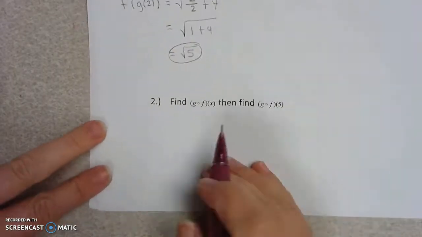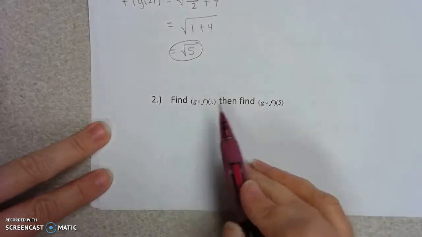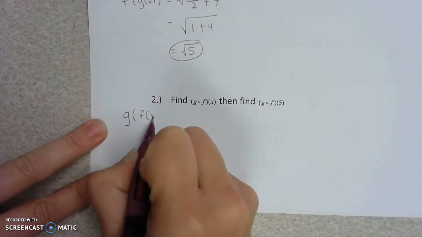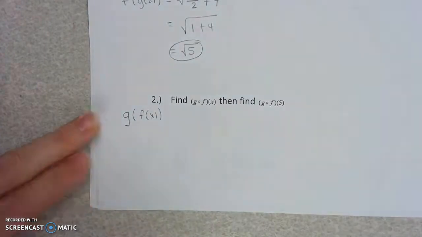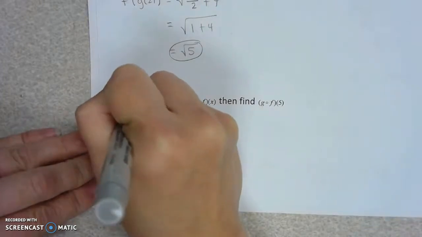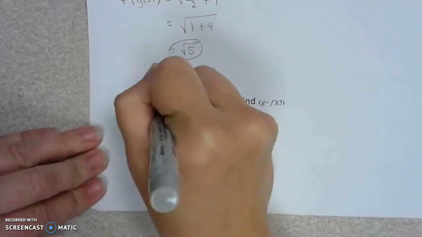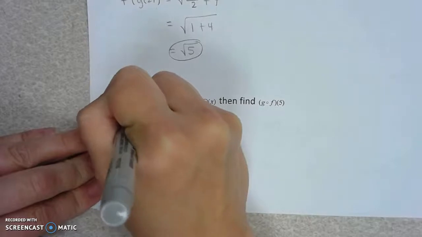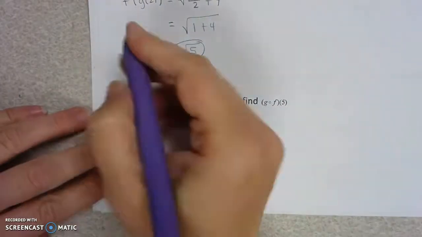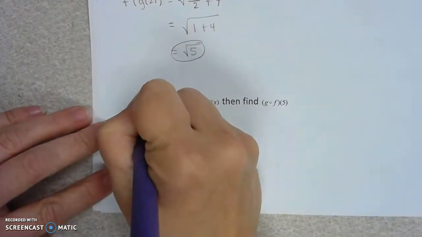Alright, what if I'm asked to find g of f of x? So this time, I'm going to take the function f, and I'm going to fill it into the function g. So there's g, and inside of that, I want to fill in everywhere there's an x.